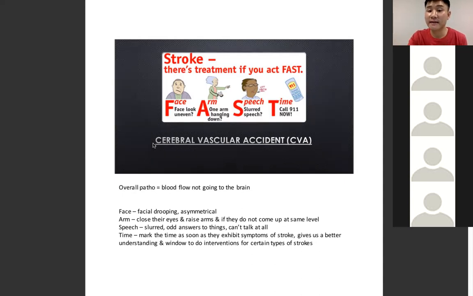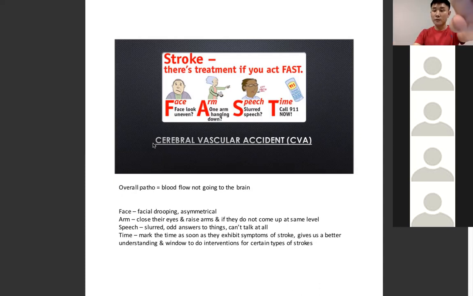So how do we assess or know that someone may have a stroke? There's an acronym that we can remember. It is called FAST. First, we look at the face. Does the face look uneven, like one side is drooping and one side is normal? And then the arm, we ask the patient to raise both of their arms up.